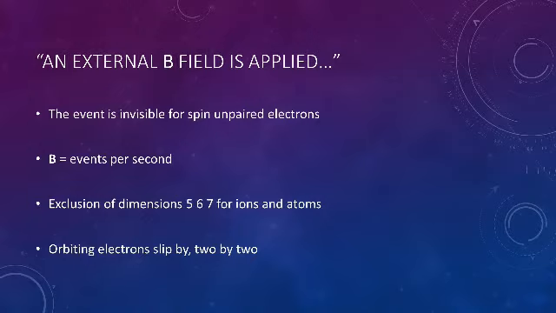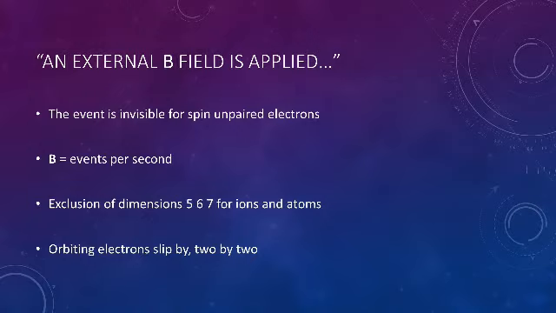And the B field is events per second. So basically, in units of measure, this is accurate, per second. That's B is equal to second to the -1 power. And event is the exclusion of dimensions 5, 6, and 7 for ions and atoms.